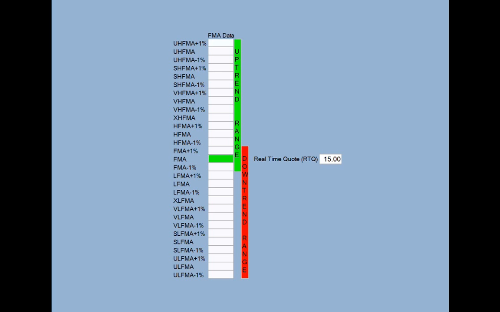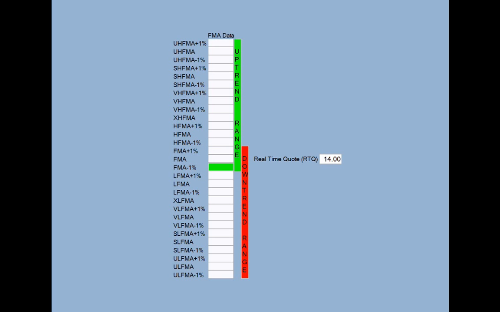The FMA Neutral Range is defined as a stock price that is less than or equal to FMA plus 1% and greater than or equal to FMA minus 1%.